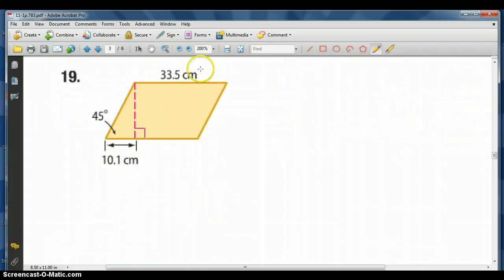For number 19, our base would be the same as this length, so we could call this our base. And we just need the height, so the perpendicular distance to the base.